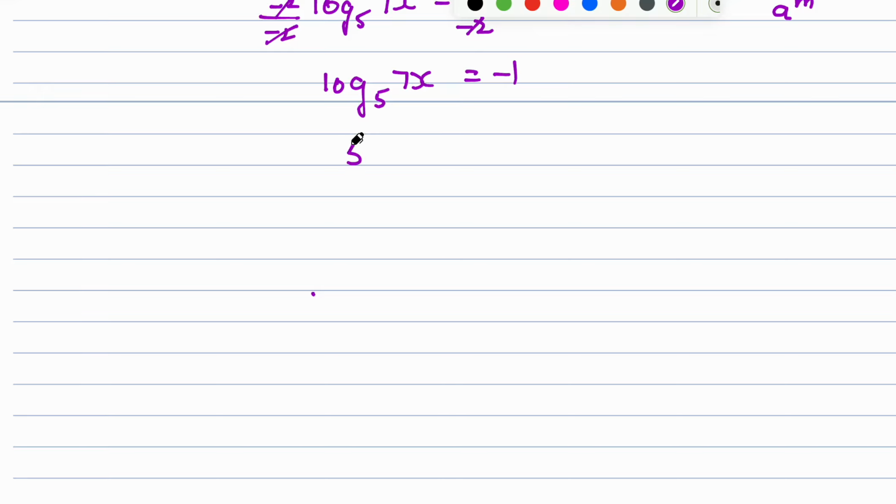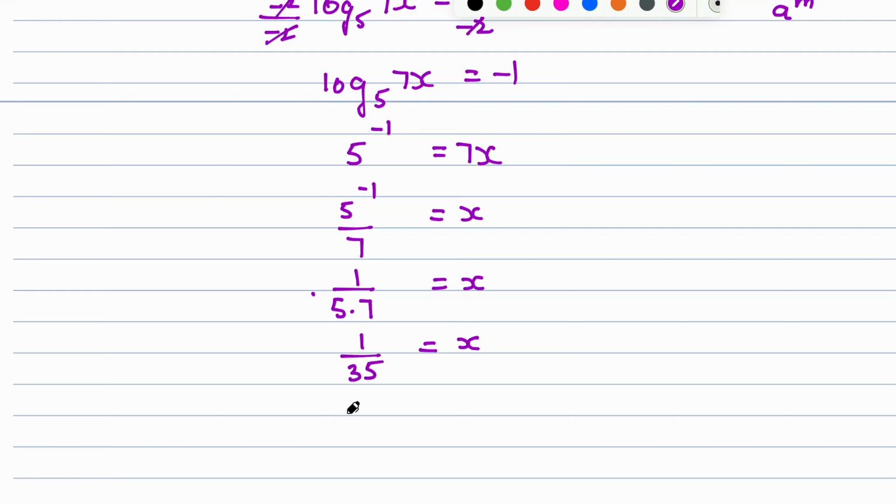So 5 raised to power -1 is equal to 7x. So dividing by 7 on both sides, 5 inverse by 7. Now because it has a negative power, it can be written like this. So x is equal to 1 over 35. That is our answer.